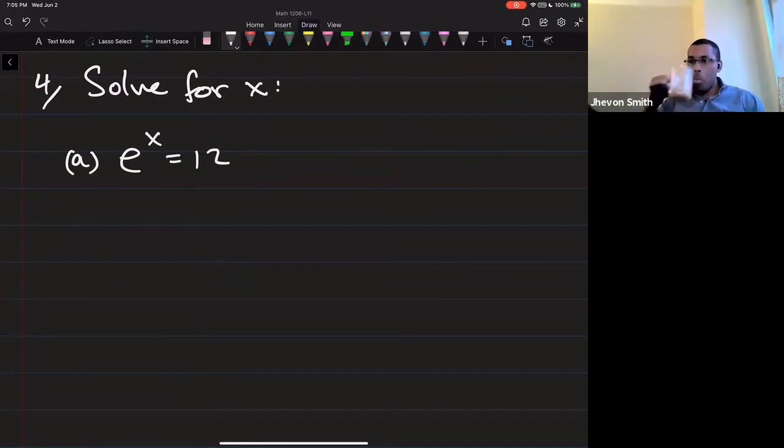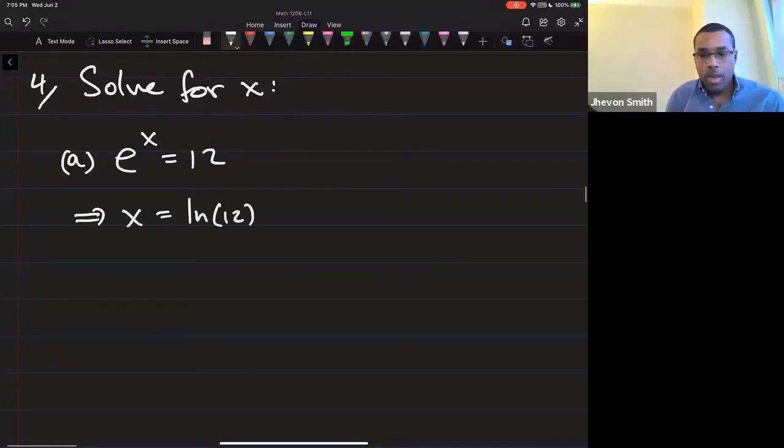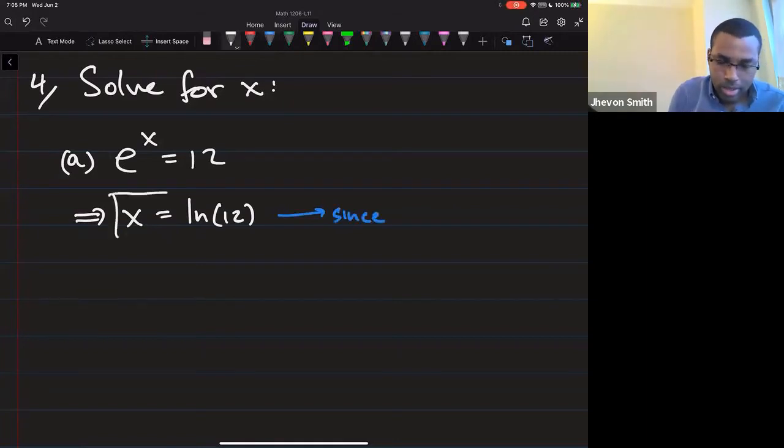All right. So in one sense, there is zero work that you have to do for this. You can literally just say, all right, x equals ln of 12, and that would be your answer.